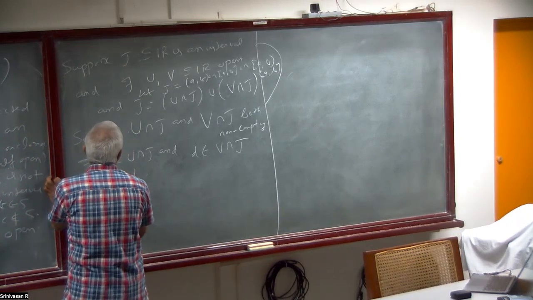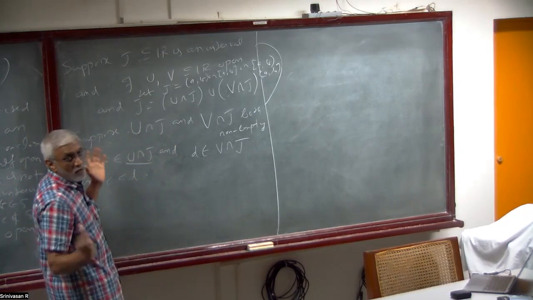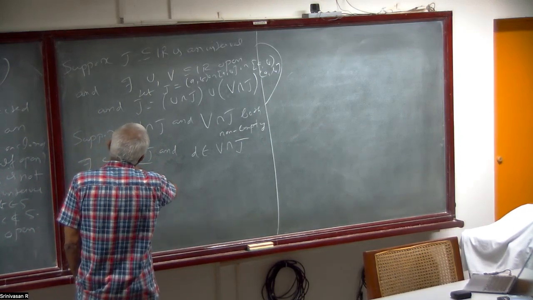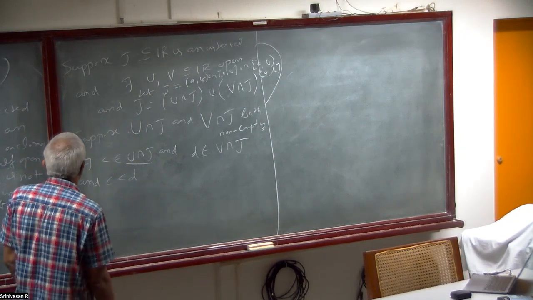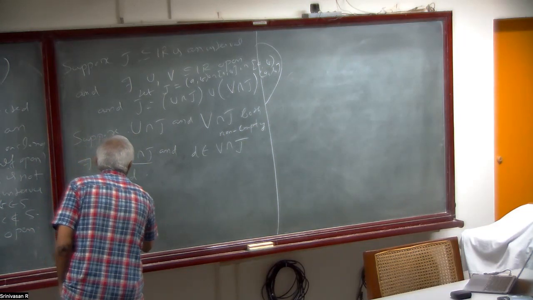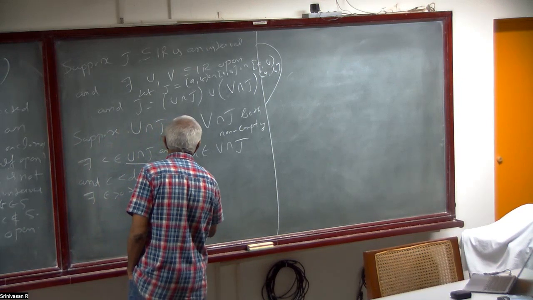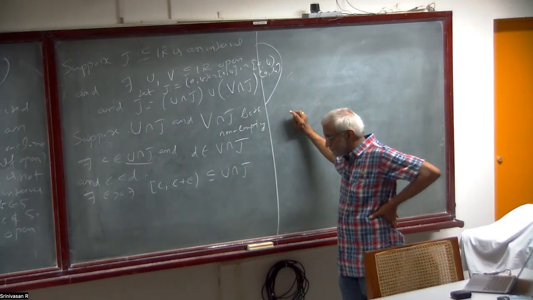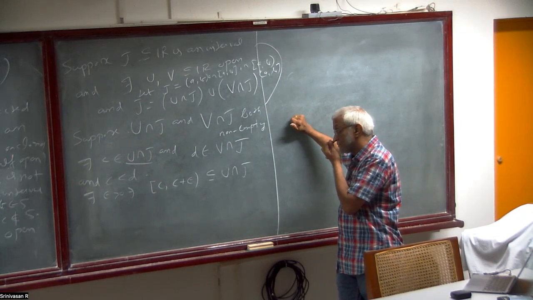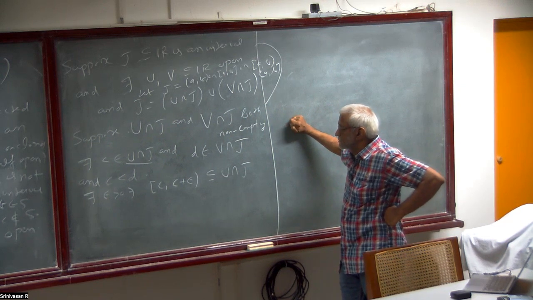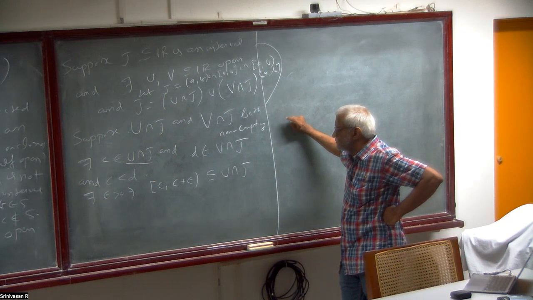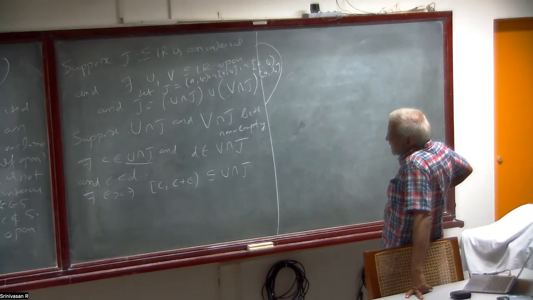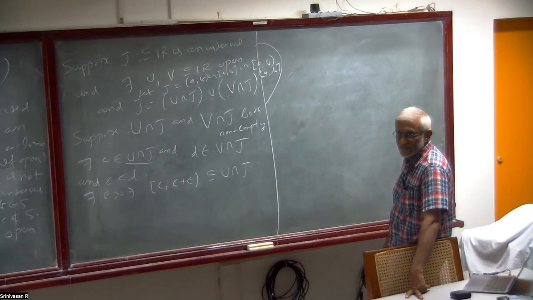Since C is in U intersection J and this is open in the relative topology, there exists an epsilon greater than 0 such that the interval from C to C plus epsilon is contained in U intersection J. Yeah, because we are assuming it's an interval.